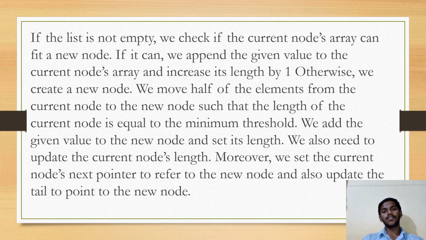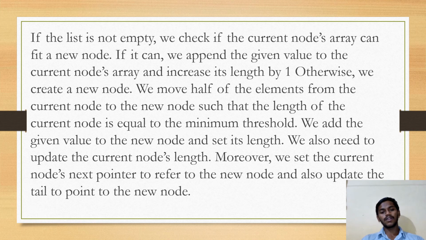If the list is not empty, we check if the current node's array can fit the new value. If it can, we append the given value to the current node's array and increase its length by 1. Otherwise, we create a new node. We move half of the elements from the current node to the new node, such that the length of the current node is equal to the minimum threshold.